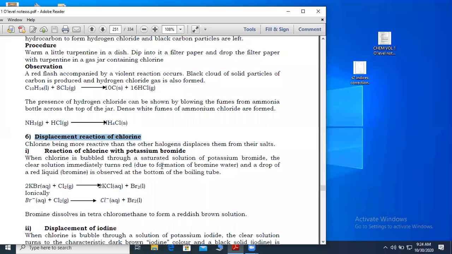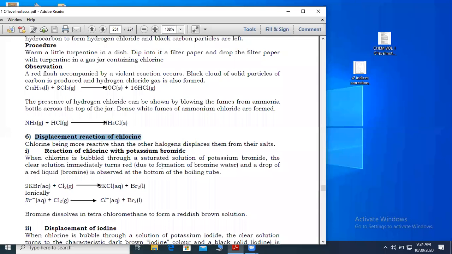The second element is chlorine, meaning chlorine is the second most reactive element in group 7. The third is bromine, meaning bromine is the third most reactive element in group 7, followed by iodine.